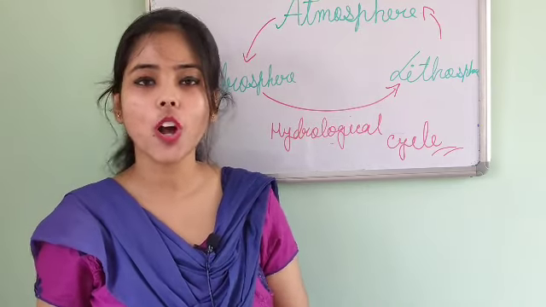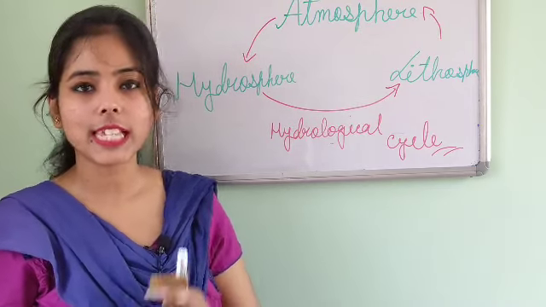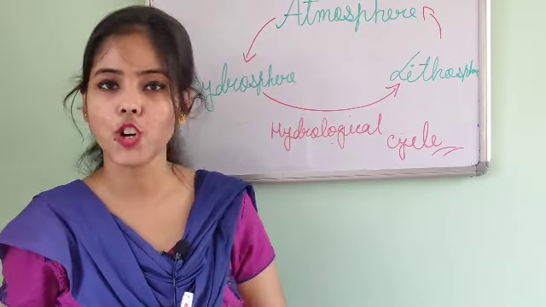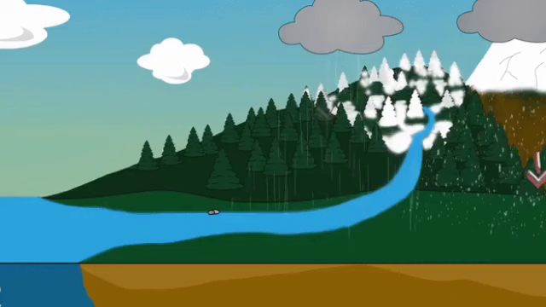With a very small example, I want to give you the simple concept of this hydrological cycle. Consider the water present in the river. Due to a huge amount of sunlight, what will happen? The water inside the river will evaporate. When water is heated up, the liquid form transforms into vapor, right?